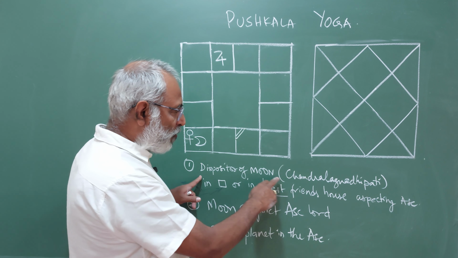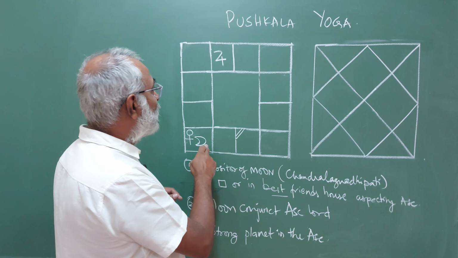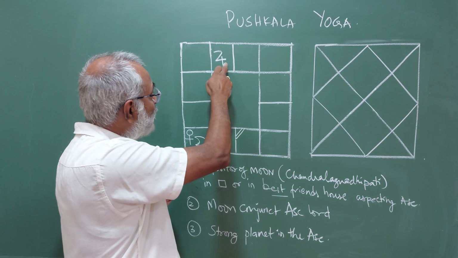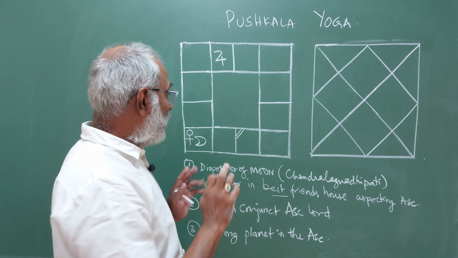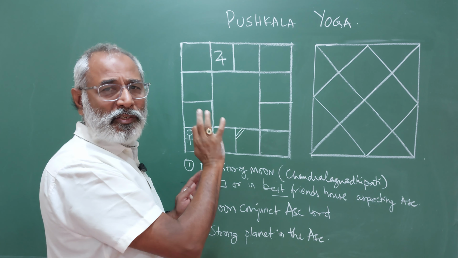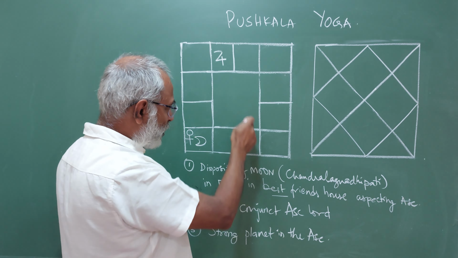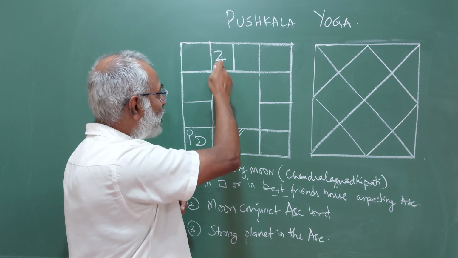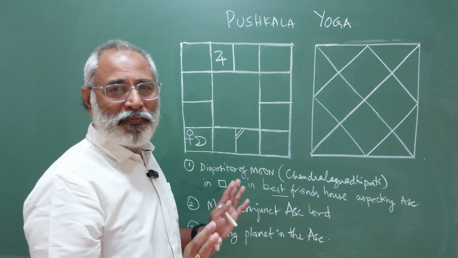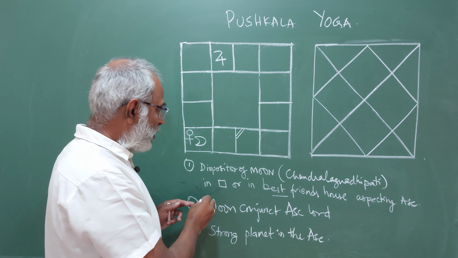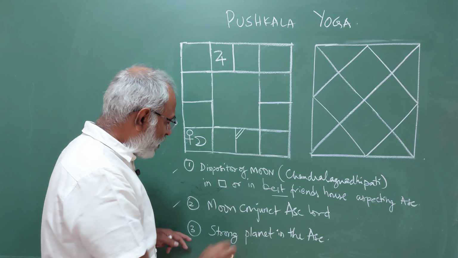The dispositor of the moon, Chandra Lagnadipati, that is Jupiter, is placed in Mesha, in a very good sign, in its friend's house, aspecting the ascendant. I have taken the seventh aspect, which is an easy thing for me to explain. So the first and second are done.